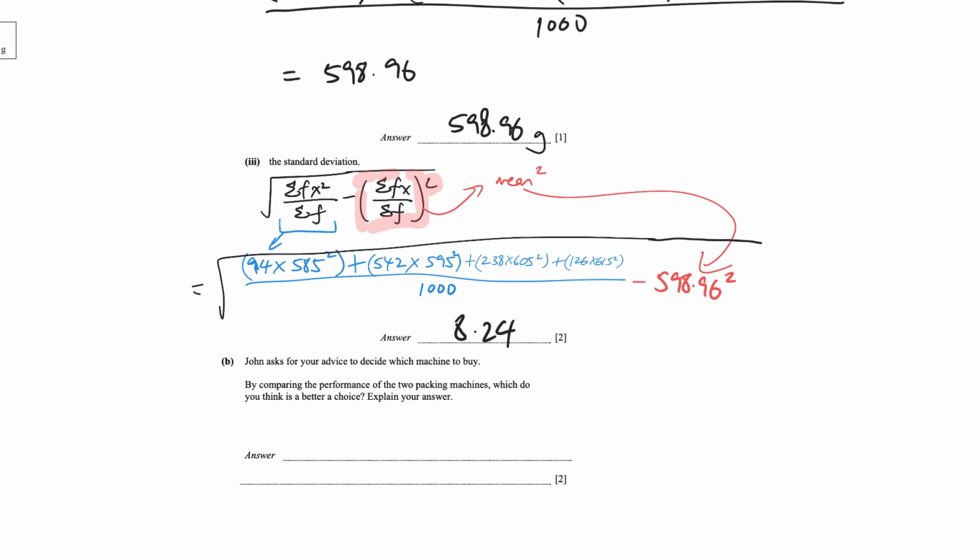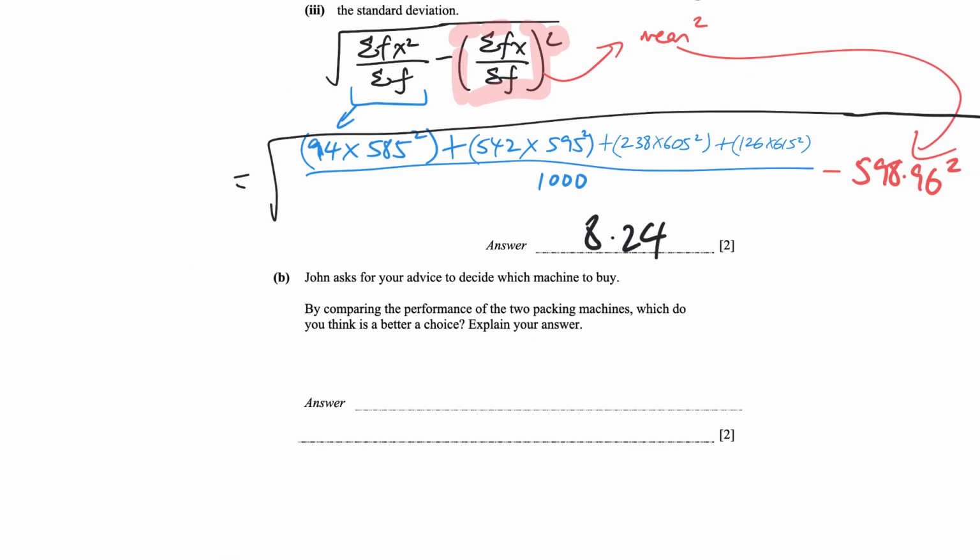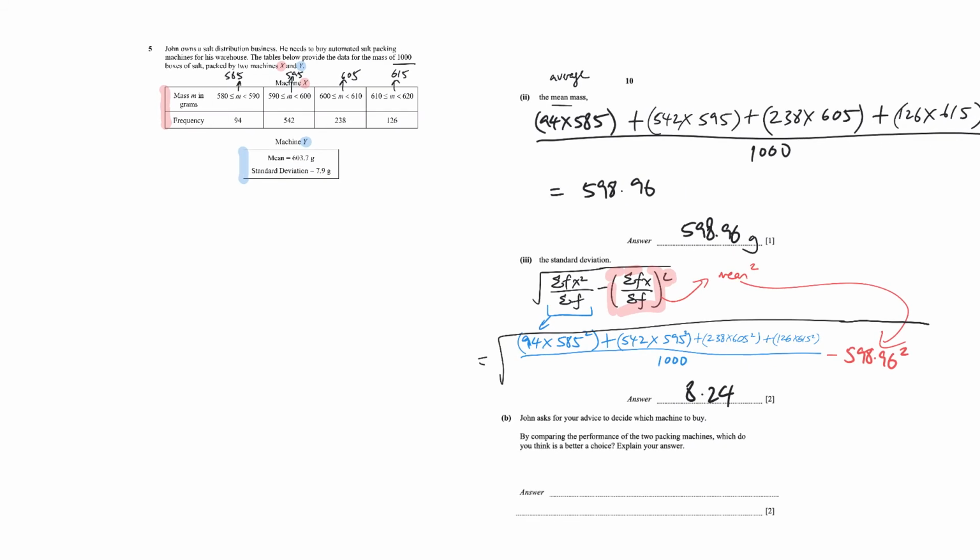Now John asks for your advice to decide which machine to buy. By comparing the performance of the two packing machines, which do you think is a better choice? Explain your answer. Let's compare. For machine X, we got the mean mass and the standard deviation. For machine Y, we have the mean and the standard deviation, and we're trying to compare both.